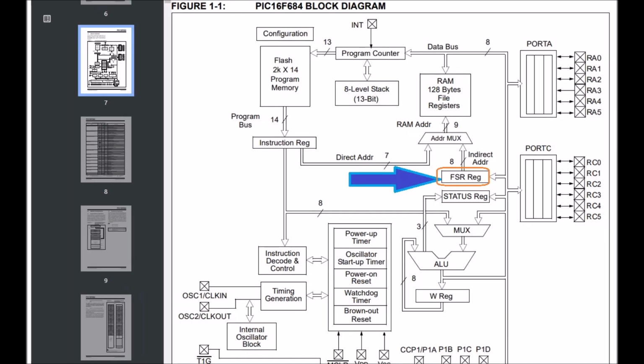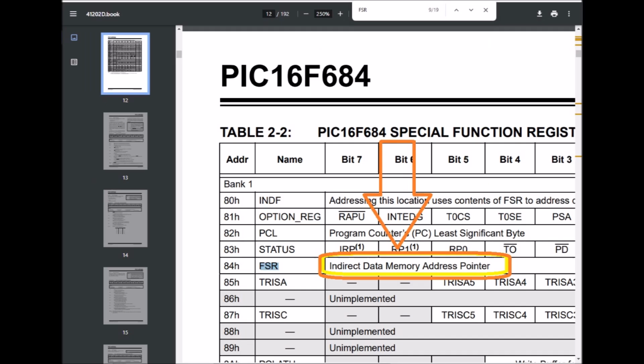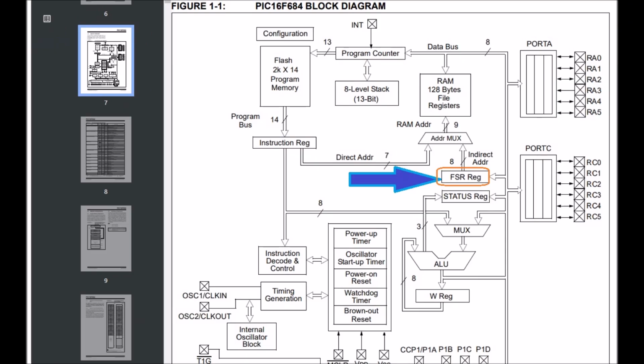The FSR is used to point to any location within the data memory, enabling the CPU to access data indirectly through a mechanism that involves the FSR and the INDF, Indirect Data Memory Addressing Register.